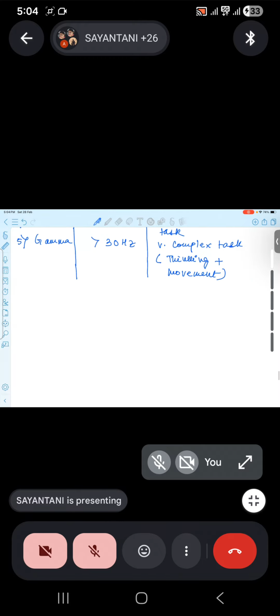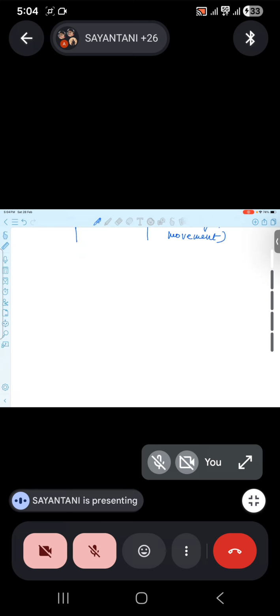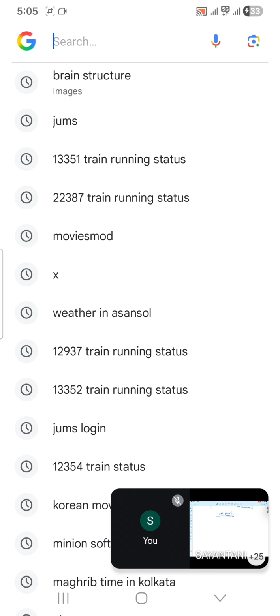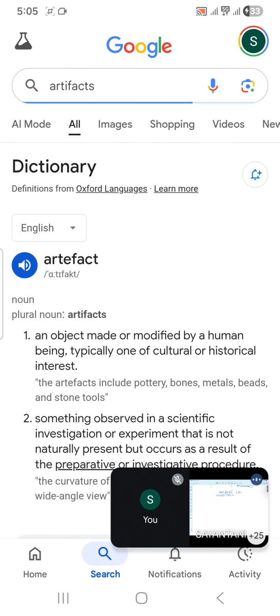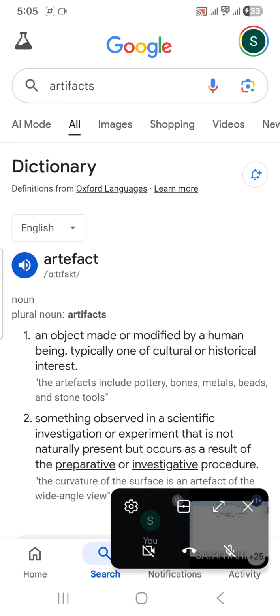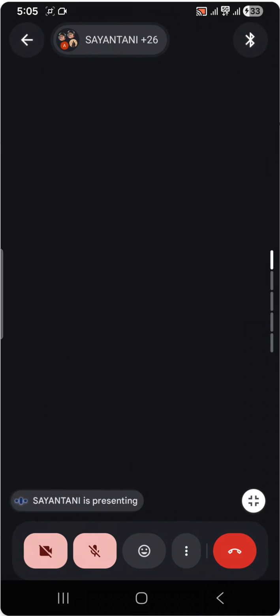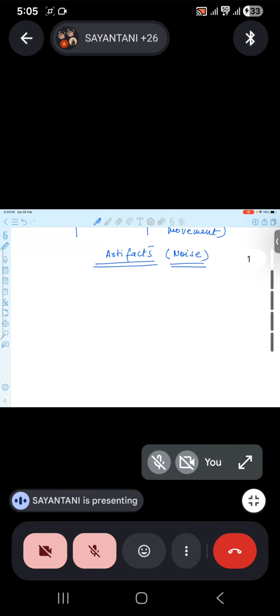Now let us come to the concept of artifacts. What are artifacts? I've discussed this in the first class. So artifacts are nothing but noise associated with your brain signals, right? Now, while we are dealing with EEG, this noise can have different categories.